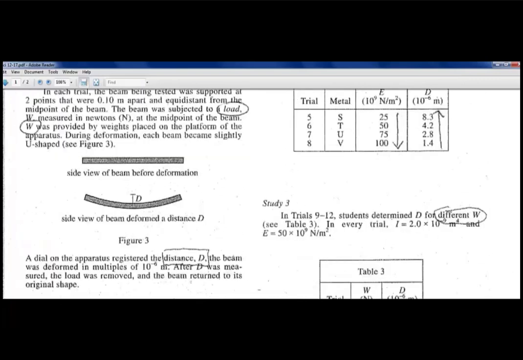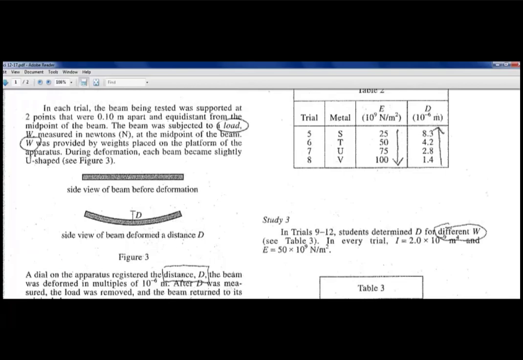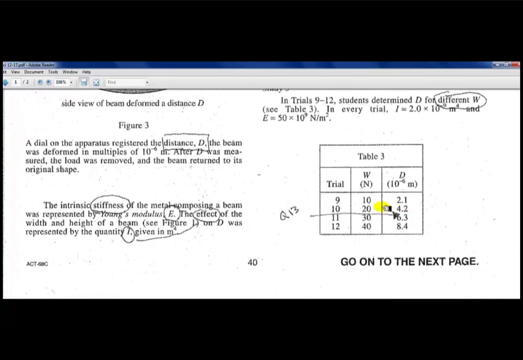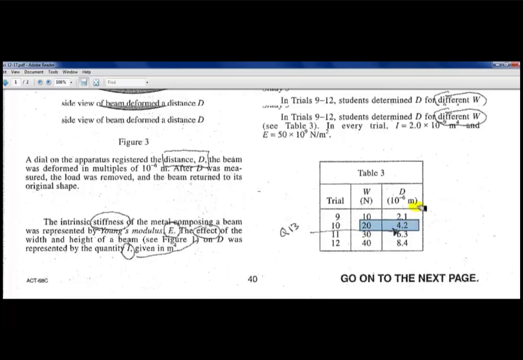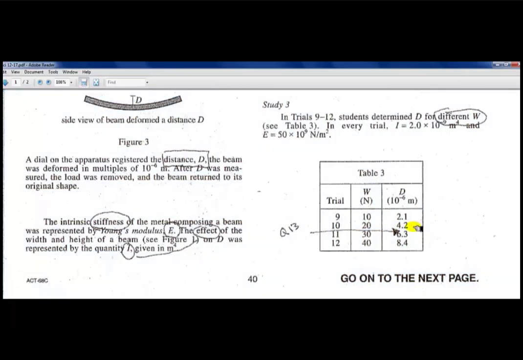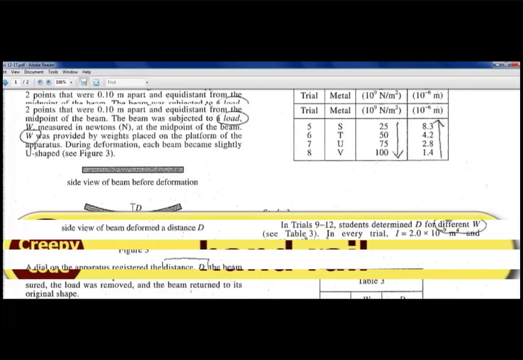We come over here and we find work equals 20 newtons under the work column. And you see that the distance the work was transformed equals 4.2. Now we can take this information and go on back up to study 2 and find 4.2 for the distance.